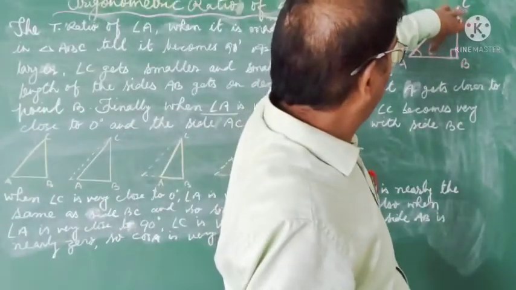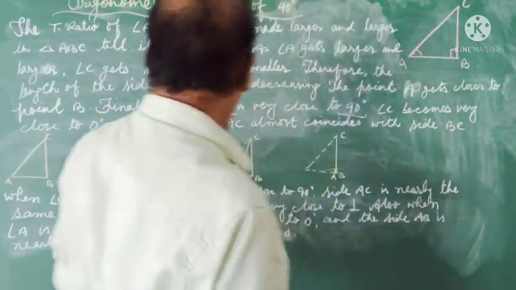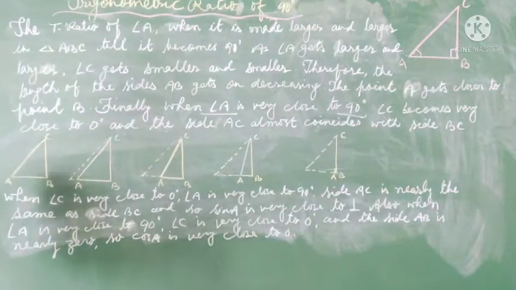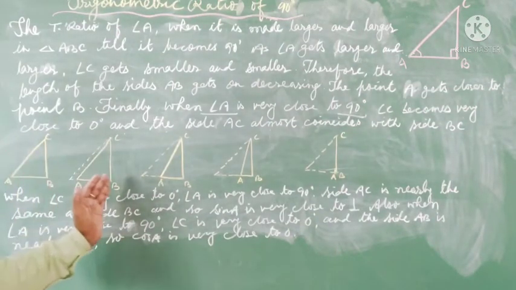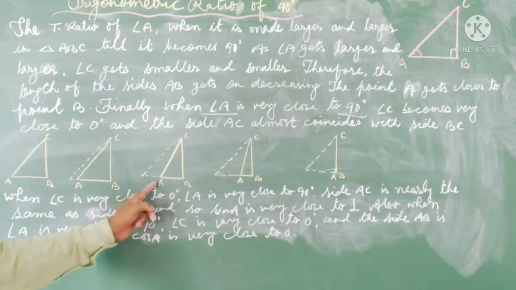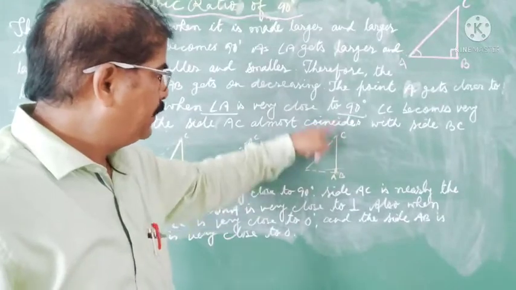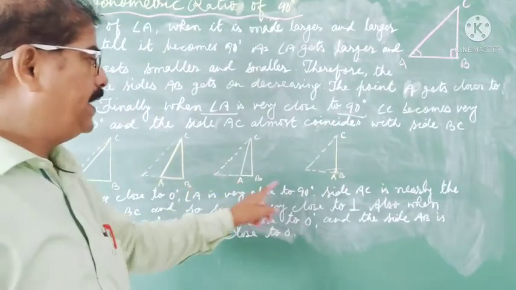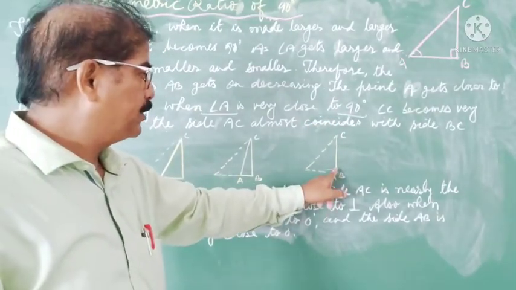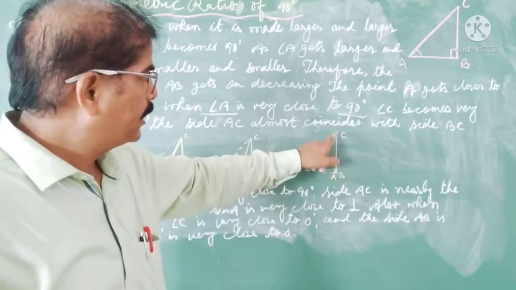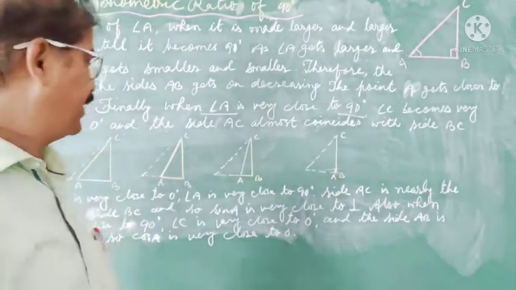Yes friends, A comes close to B, and finally AC coincides with BC, and angle A is equal to 90 degree, so C is 0 degree.